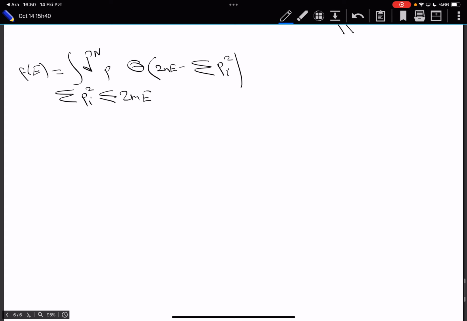The easiest would be to calculate this in spherical coordinates. So this will be, I don't know, the 3n dimensional solid angle. So let me just write the 3n dimensional solid angle. Then we have the integral over the magnitude of our vector, p to the 3n minus 1. And the magnitude changes from 0 to square root of 2mE.